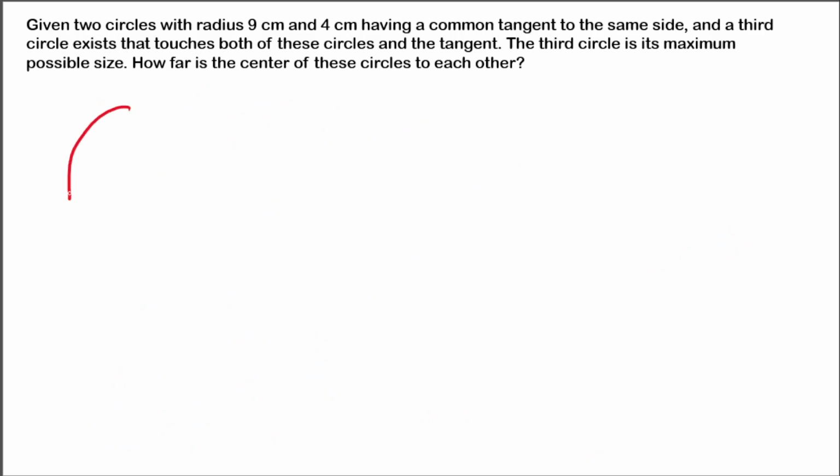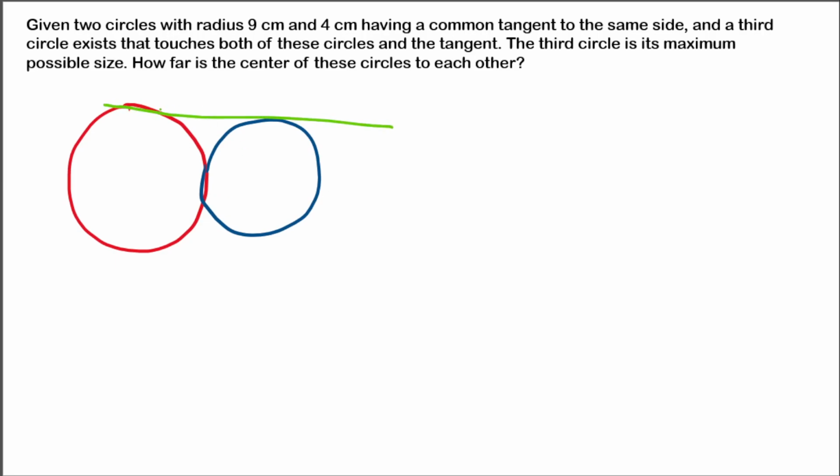Now let us do this. So this was the bigger circle. Again, this was the common circle. Common circle I will draw in a separate color. So this was the common circle, right? And let us say this was the common tangent, and this was the smaller circle, right?